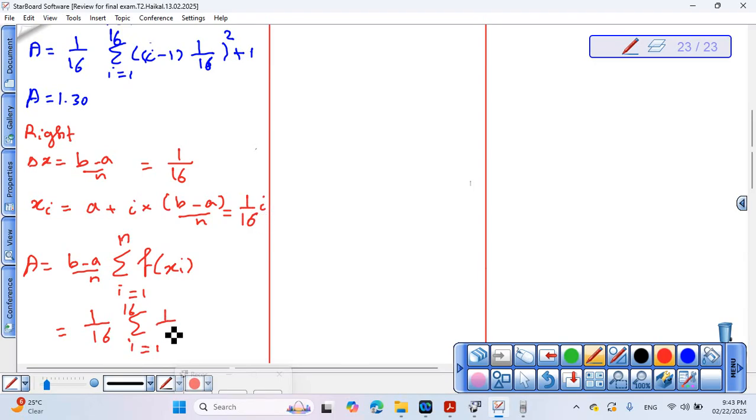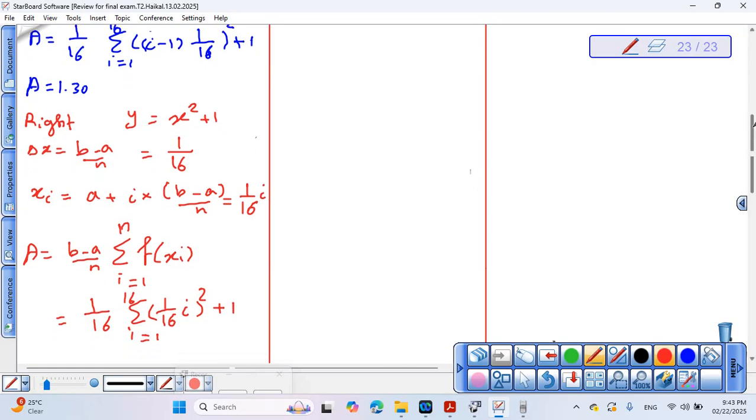This is 1 over 16i squared plus 1, because the function equals x squared plus 1. This is x squared because this is x sub i, 1 over 16i, plus 1. Don't forget the plus 1.